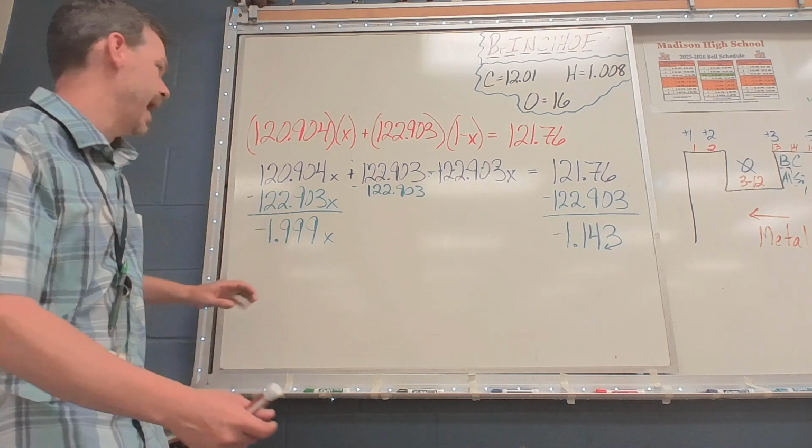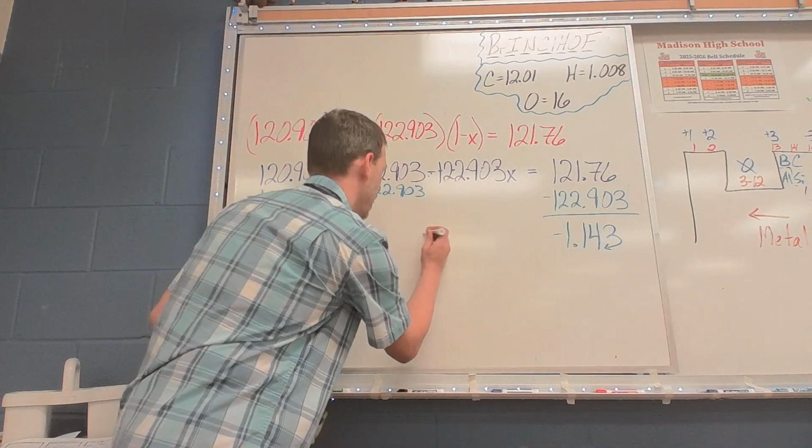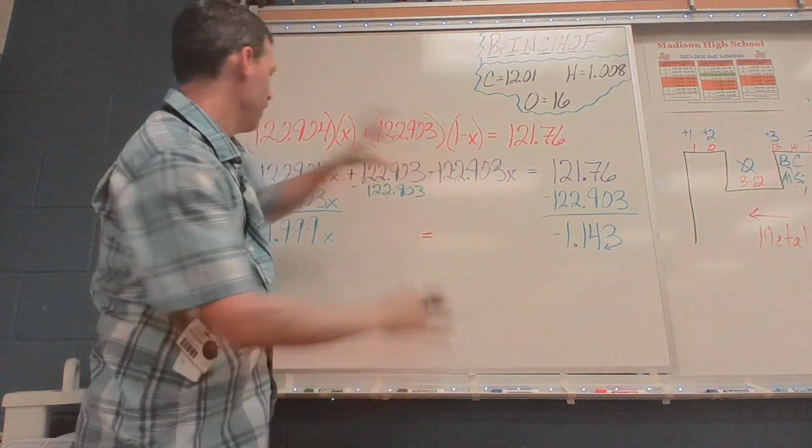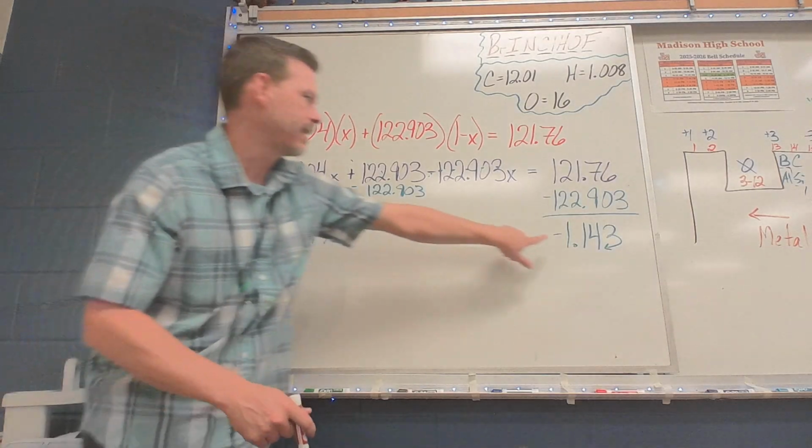So what it says right now is this x expression, if I bring down this equality, equals that. All the other numbers have been moved or canceled. So it's this equals that.